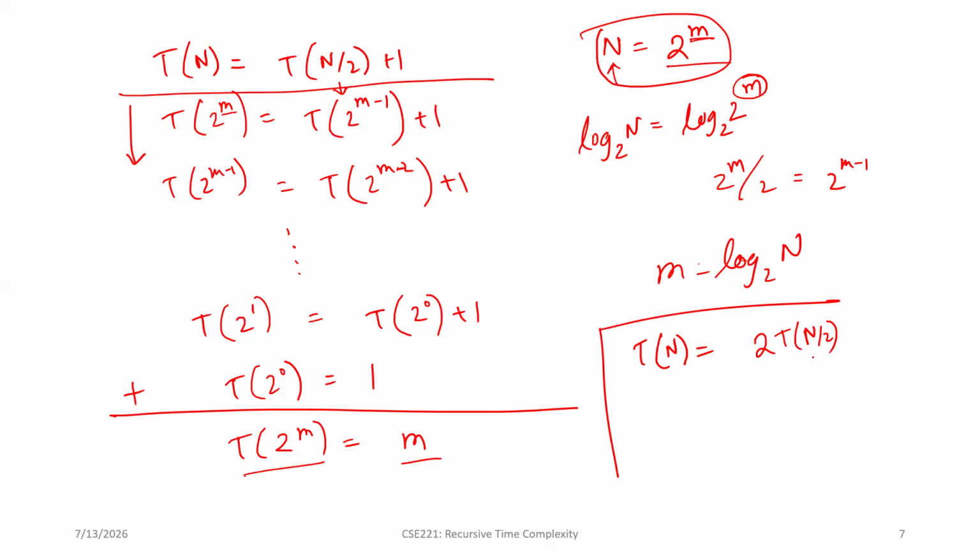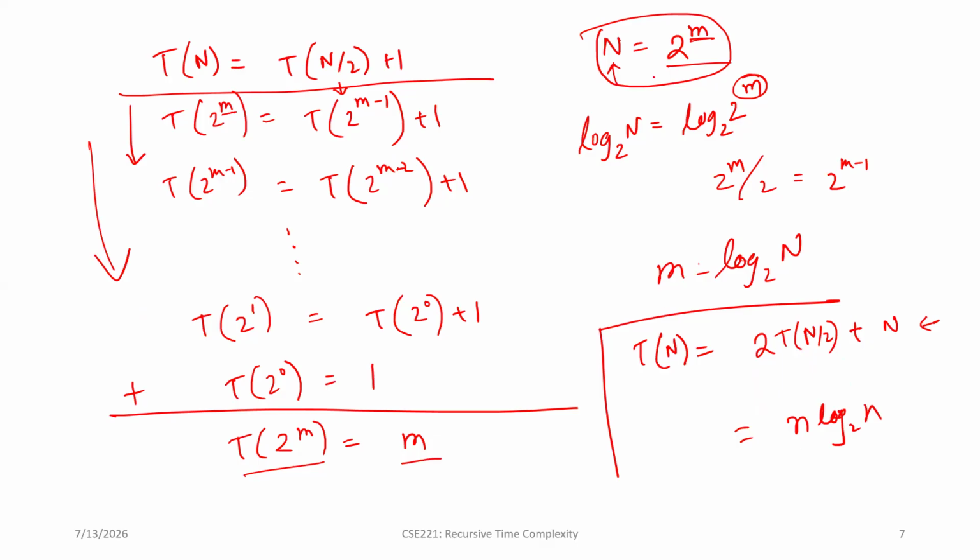So that's twice T of n by 2. Plus, we have to merge the answers together, which takes linear time. So that's the recurrence relation. And if you solve it, you will eventually get n log n, which is the time complexity of merge sort, and you can get it using the substitution as applied here.